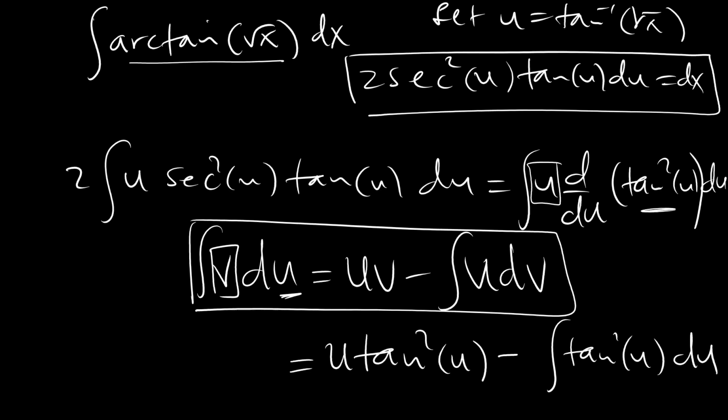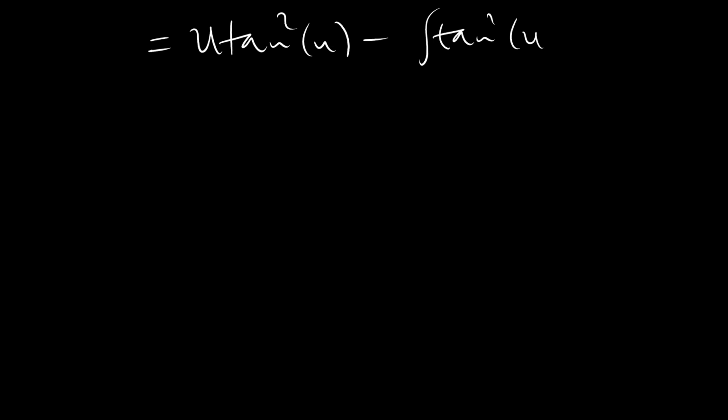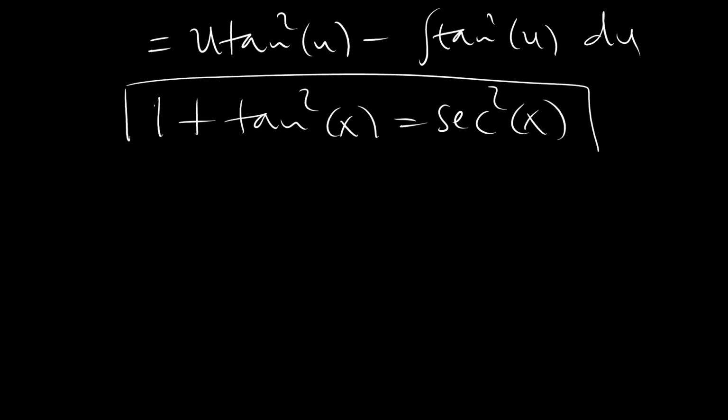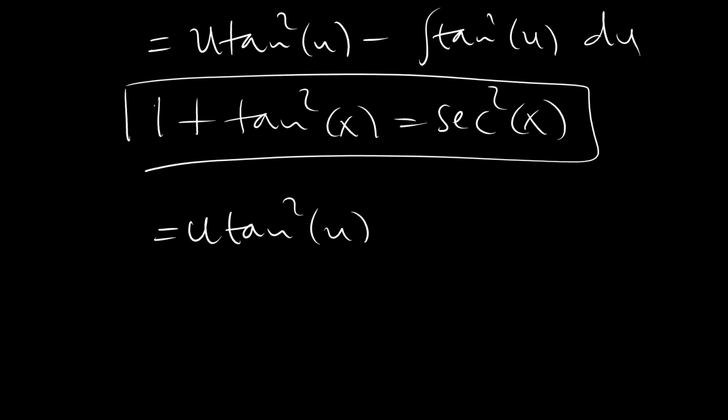Okay, so we've come to a point where we have u tangent squared of u minus the integral of tangent squared of u. Now we know that 1 plus tangent squared of x is equal to secant squared of x. Our integral now becomes secant squared of u minus 1.